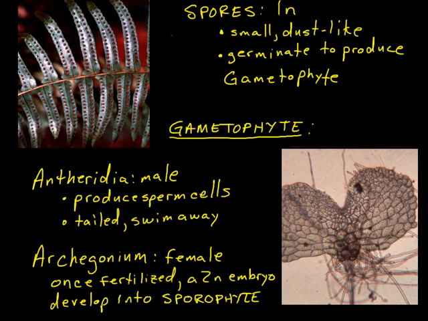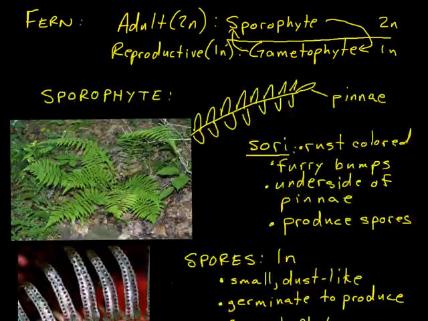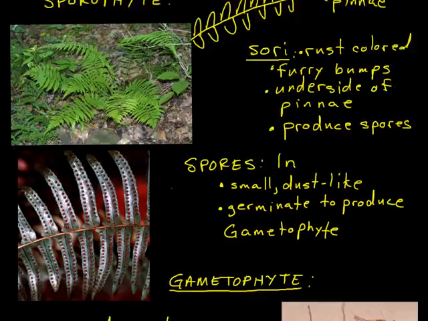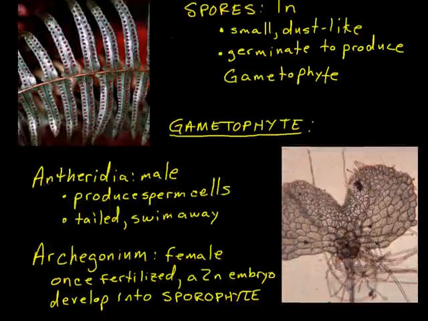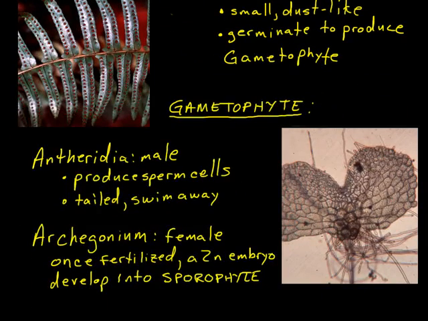So, quick summary, we've got our sporophyte form. On the undersides of these pinnae, they develop these sori, which produce spores, which are sort of like pollen grains that get carried away. When they germinate, they form these little gametophyte plantlets that will have both antheridia and archegonia.